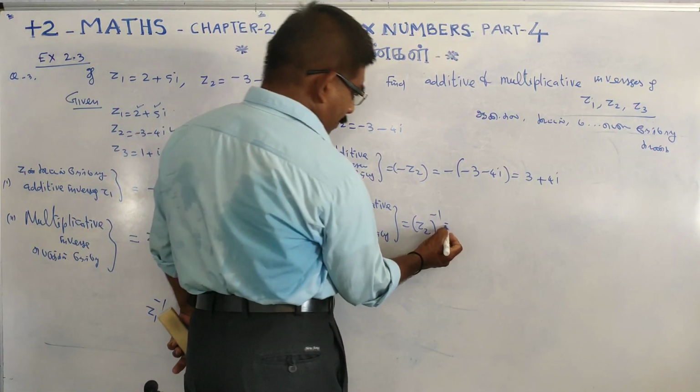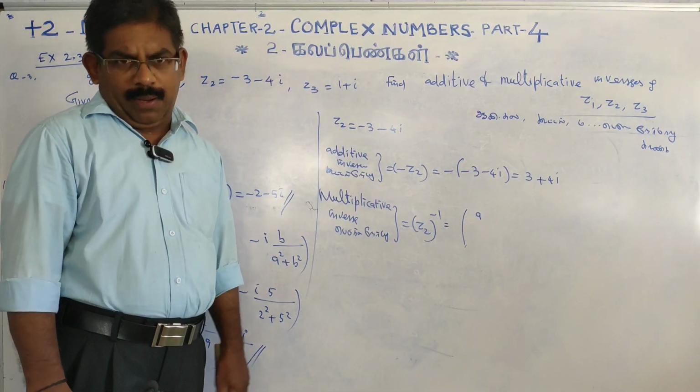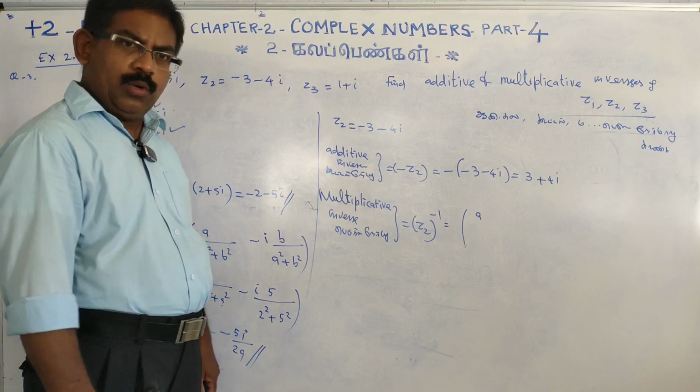What is the formula? Another method is the step method, 1 by z2. Taking the conjugate and multiplying is one method.